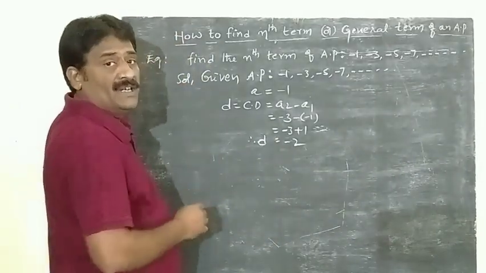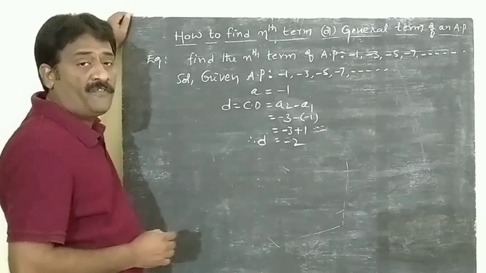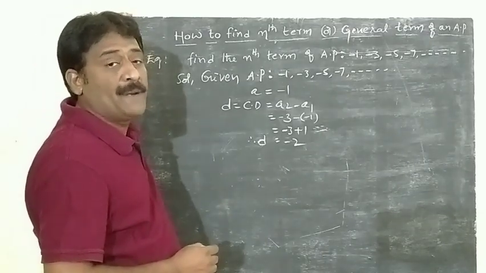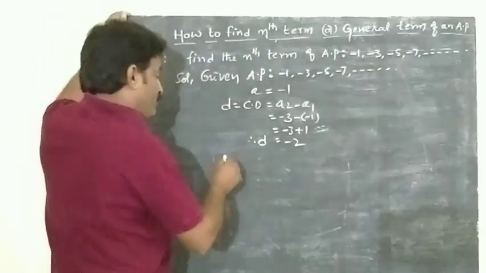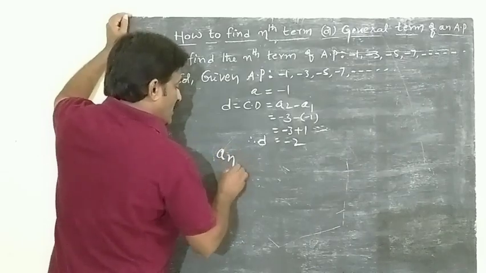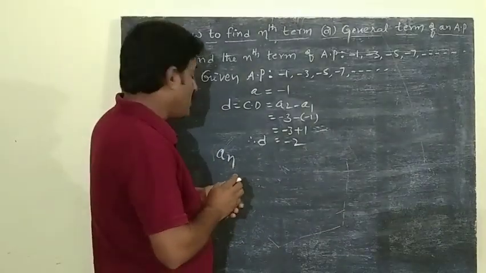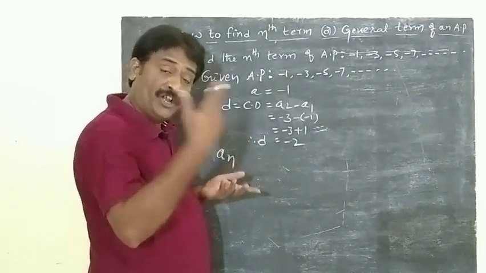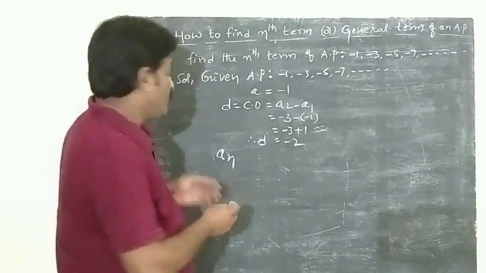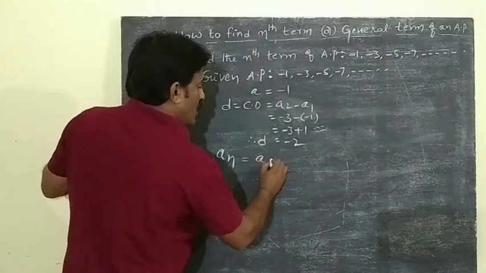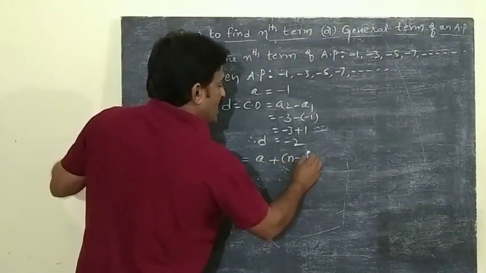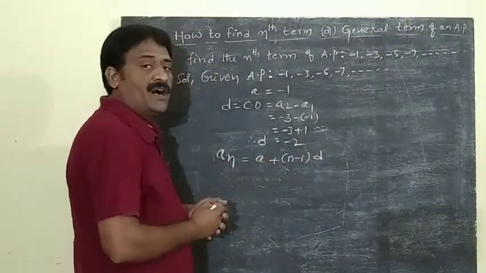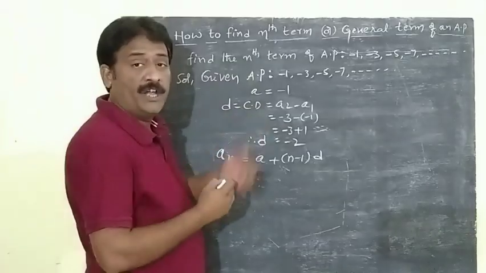We know that the nth term of an AP is a plus (n minus 1) into d. In our textbook the nth term of an AP is denoted by an or tn. Taking either one, an is equal to a plus (n minus 1) into d is the nth term of any AP.